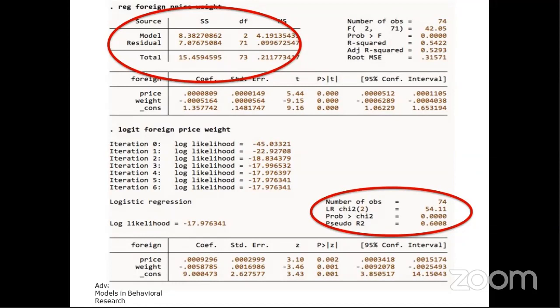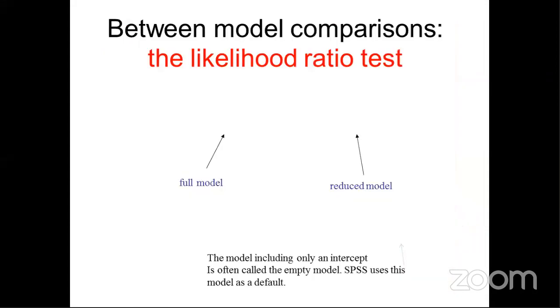So this is another model assessing criterion. Earlier I told you that the full model is a model that includes all the explanatory variables along with the intercept.